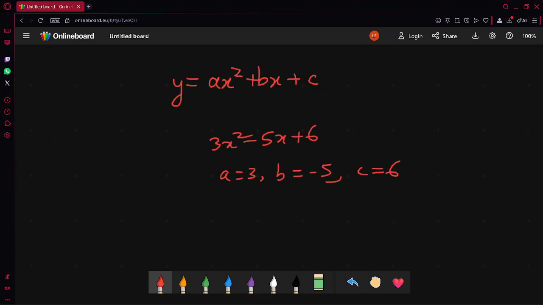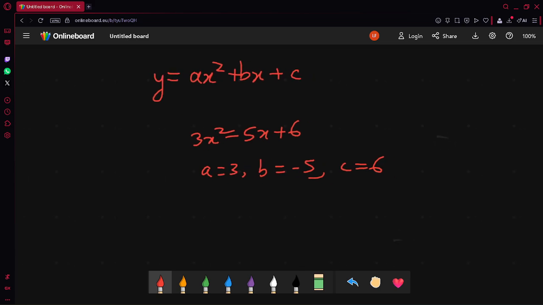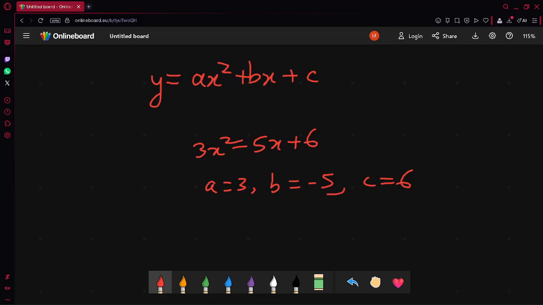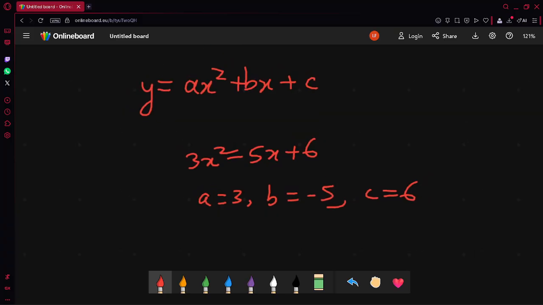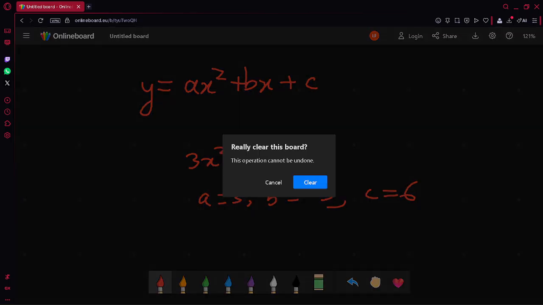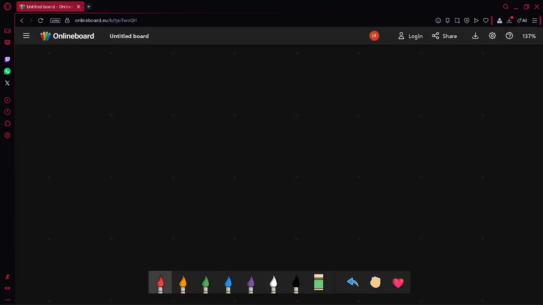We're going to be learning more about quadratics, how their graphs function, roots of quadratic equations, and relations between the roots and the coefficients. First, we're going to learn what a quadratic equation is. A quadratic expression is when we set y equals ax squared plus bx plus c.